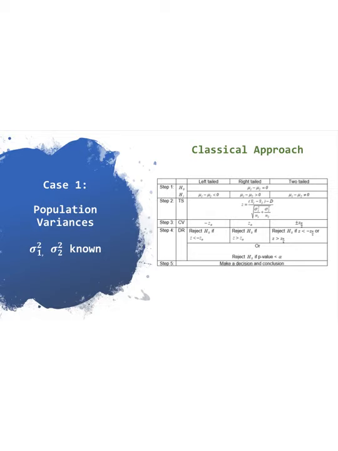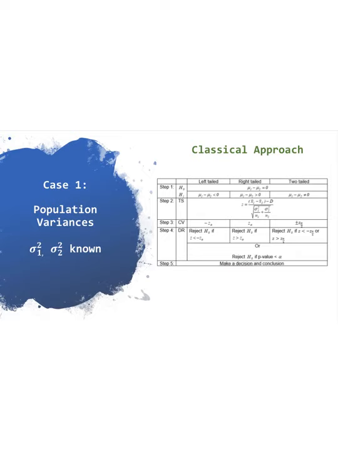The population variances are both known. We are going to repeat the same steps. We have 5 compulsory steps to conduct a hypothesis test. For the null and alternative hypotheses, for the difference between two population means, the null hypothesis we state as mu1 minus mu2 equals 0.